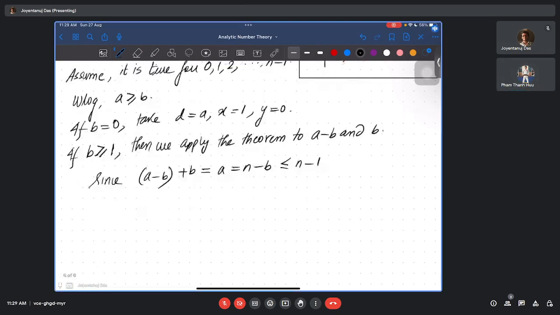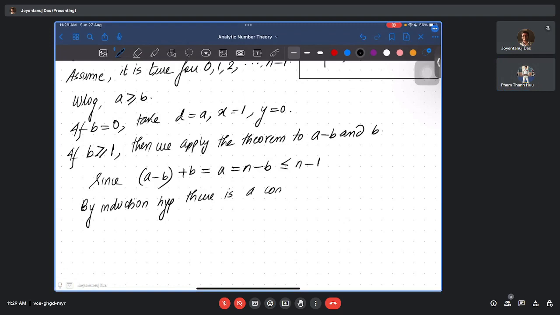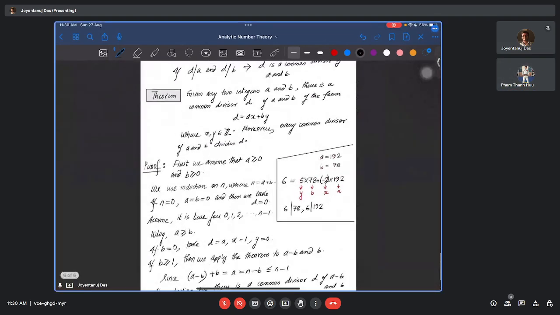By the induction hypothesis, there is a common divisor D of A minus B and B. The statement is saying that for any two integers, there always exists a common divisor of this form.